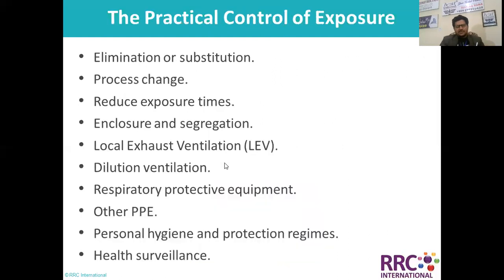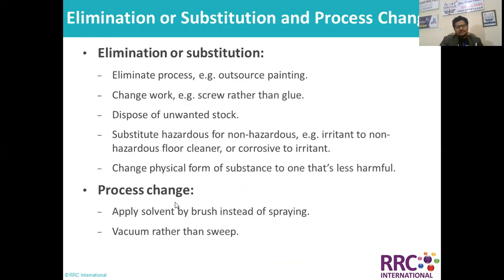Otherwise, let's see what NEBOSH is guiding us. For practical control of exposure: either eliminate or substitute, change the process, reduce exposure times, enclosure and segregation, LEV like local exhaust ventilation, dilution ventilation, or respiratory protective equipment, other PPE or personal hygiene and protection regimes, or health surveillance.